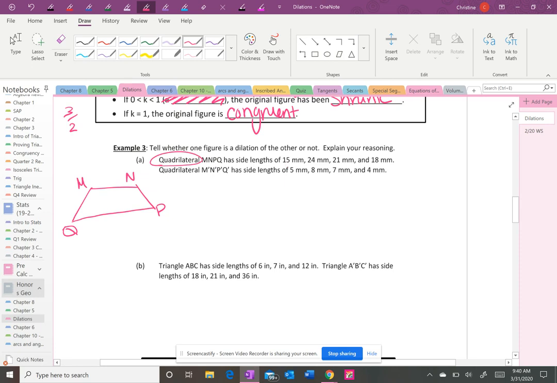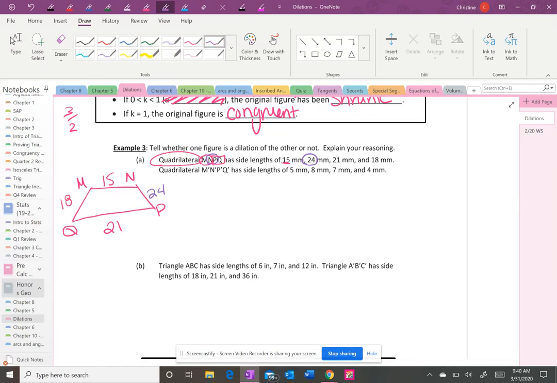So technically it should say MN, but it's going in order. So MN is 15. NP is 24. Obviously not drawn to scale. PQ is 21, and then the last side is 18.